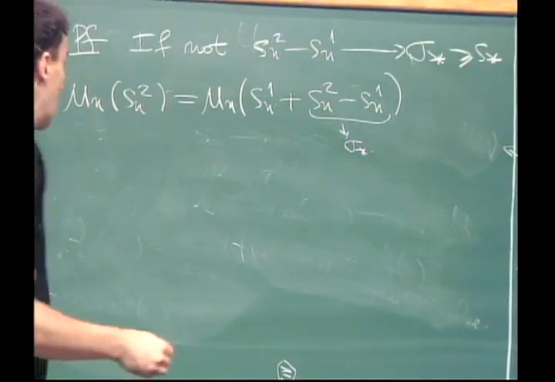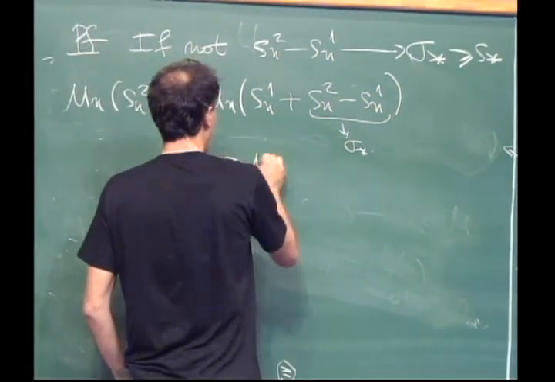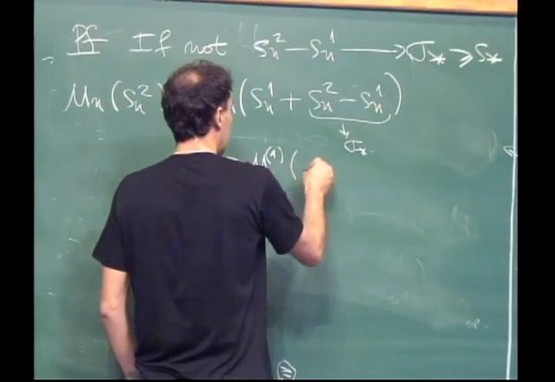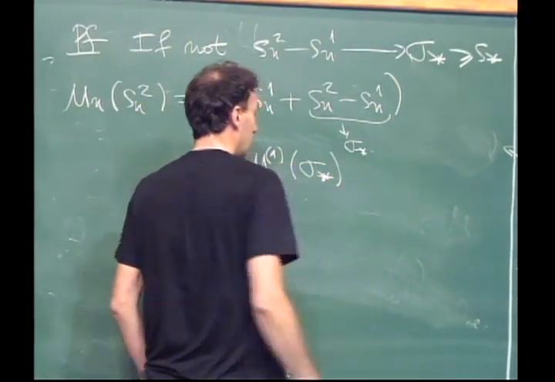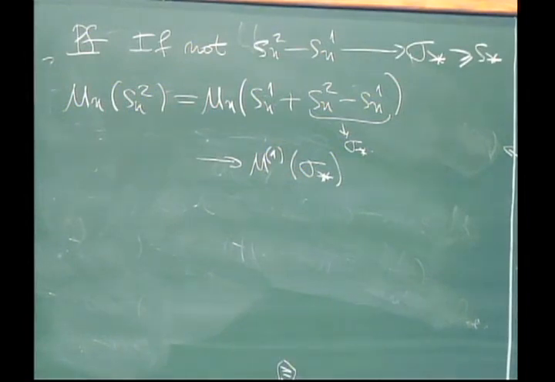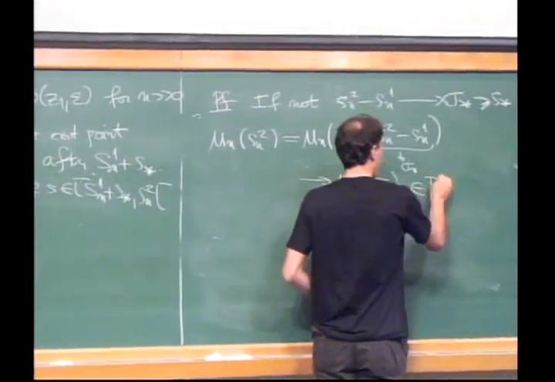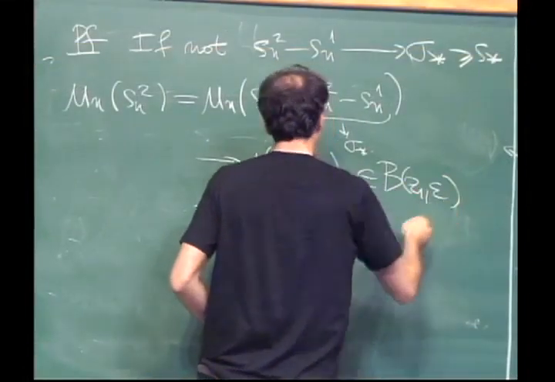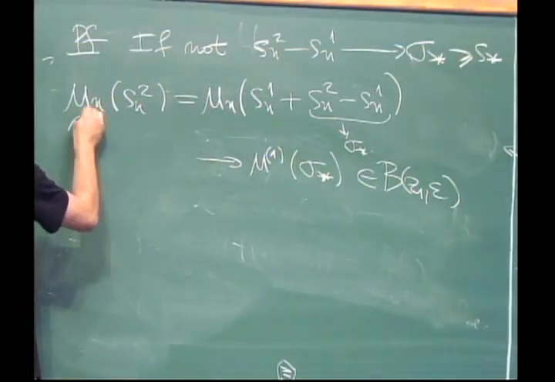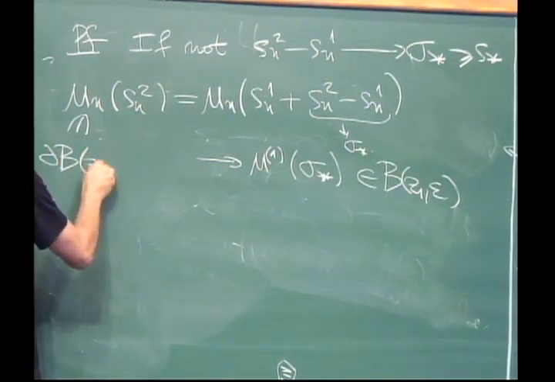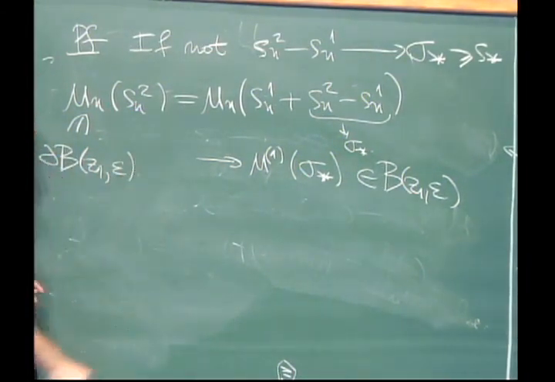So we know that this goes to U1 of sigma star, right? But U1 of sigma star was contained in the interior of the ball, whereas this one is on the boundary of the ball. So this is contradictory.